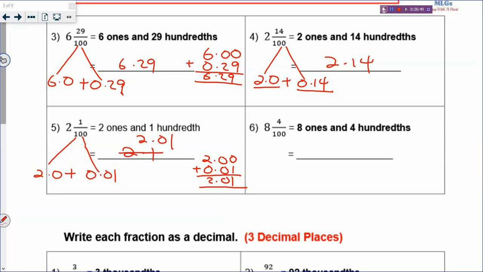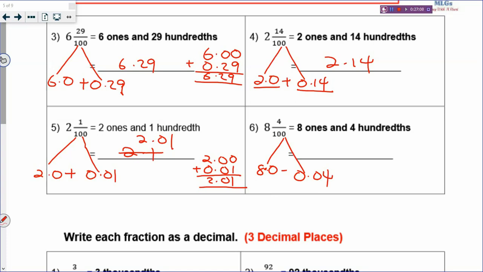So you can see that it is not a good idea to just write the answer without doing some checking. Like question 6, another good example, it is not 8.4, but I will break up again. Break up the 8 wholes, change it into a decimal, because 8 wholes is not a decimal. And then the 4 over 100, you have to change it into a decimal, 0.04.